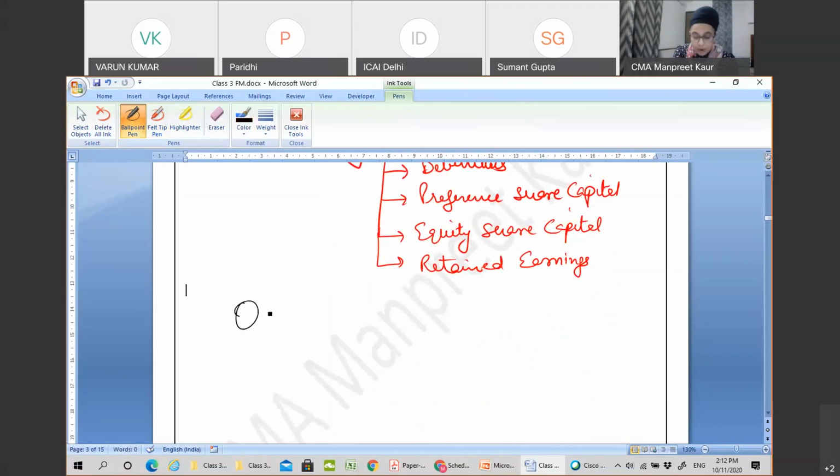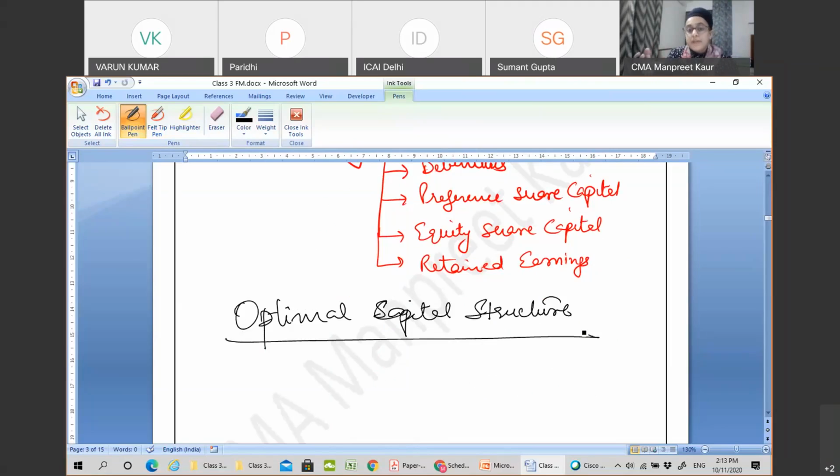So, what is the optimal capital structure? Optimal means proper capital structure, where our firm is at a maximum value, maximum wealth. So what is that optimal capital structure?